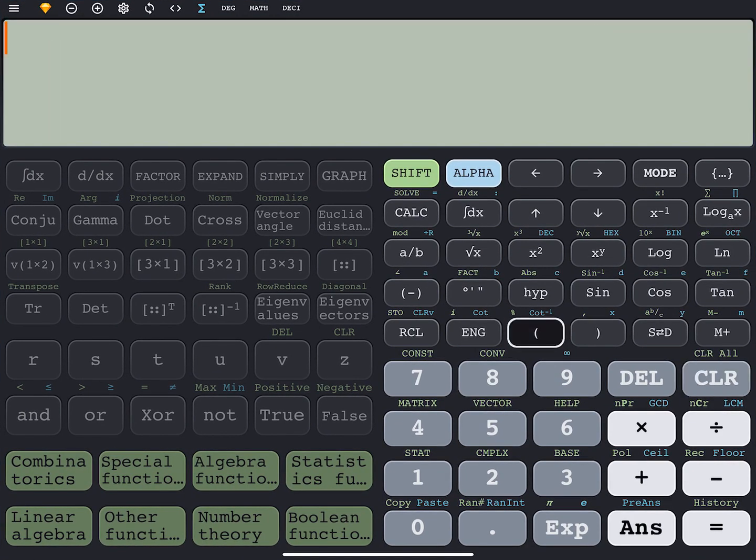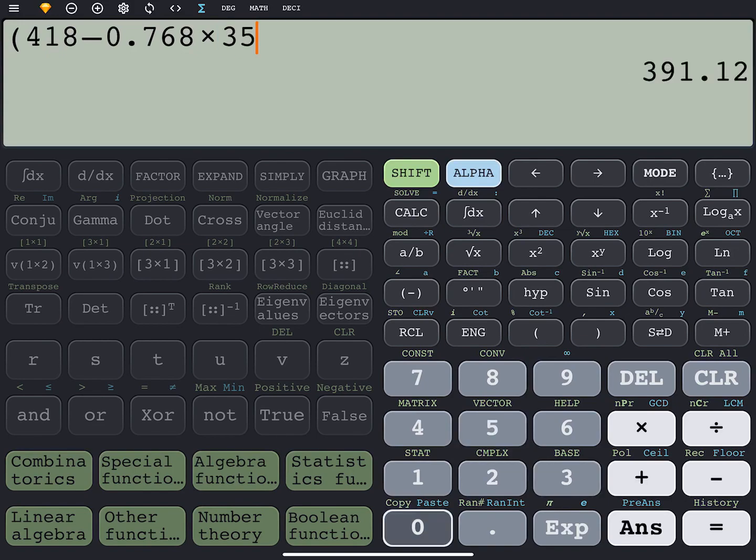Okay. What's the sum y? Do you guys want to tell me? What was that sum y value? 418. 418 minus 0.768 times 350. Is that the sum x value? Close that. Divided by 6. Did I forget something? The 6 at the beginning, this is for the b value, right?